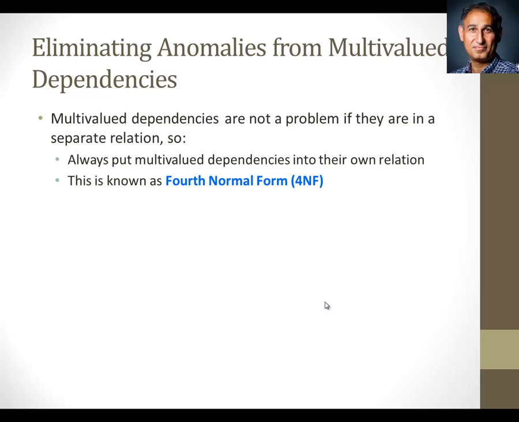So in summary, to eliminate the anomalies from multi-value dependency, we can separate these values into their own relations, which is known as the fourth normal form.